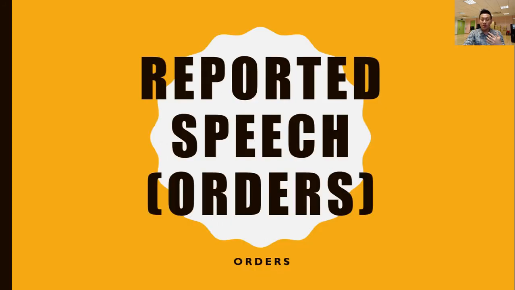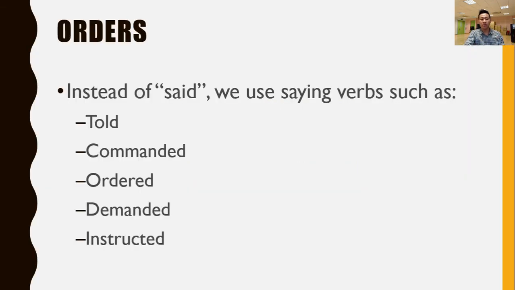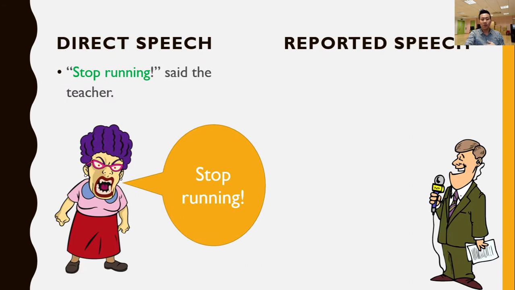Alright, okay, the last part that I'm going to cover is reported speech on orders. Sometimes instead of just things that people said, they may give instructions or orders. So instead of the word "said," we use saying verbs such as told, commanded, ordered, demanded, or instructed. For example, the teacher would say, "Stop running." I wouldn't report it as "the teacher said that stop running."